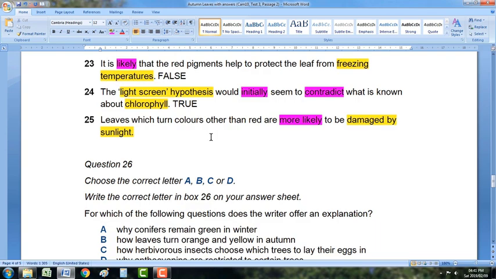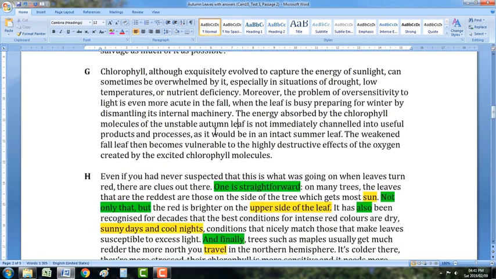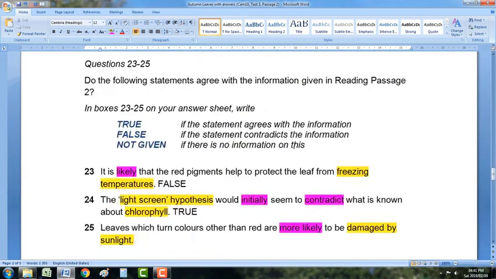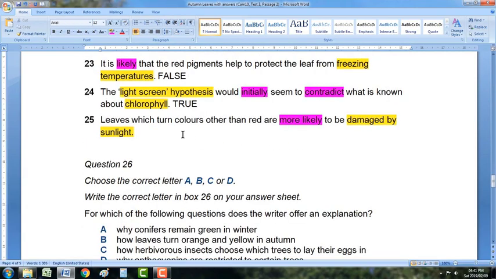Leaves which turn colors other than red are more likely to be damaged by sunlight. Where is damaged by sunlight? I see highly destructive effects. That's maybe the damage, but that's oxygen. So they don't explicitly say that these other leaves are more likely to be damaged, so it's not given. But that one I wouldn't waste too much time on, because it was 99% going to be not given.